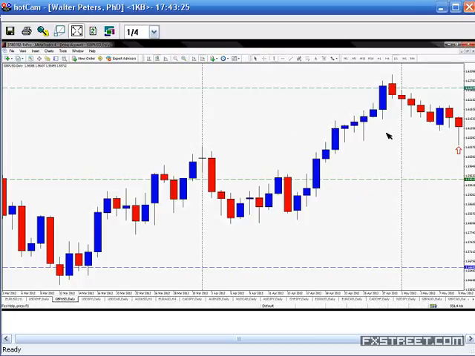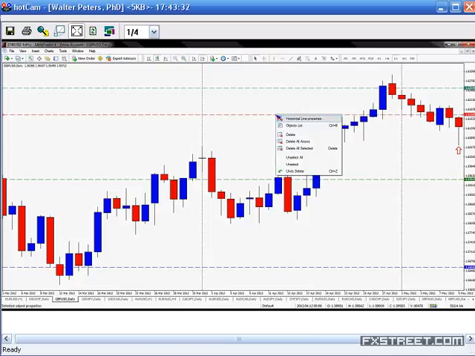Okay, so here's how it works. I'm going to put my buy stop above the high here at 61.67. It's going to be green because that's my buy.